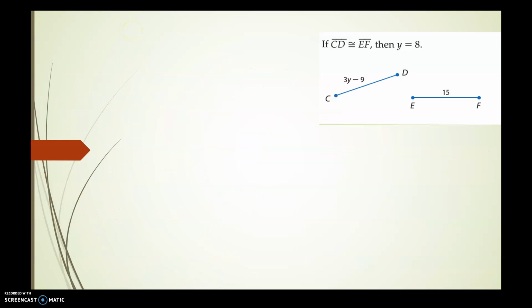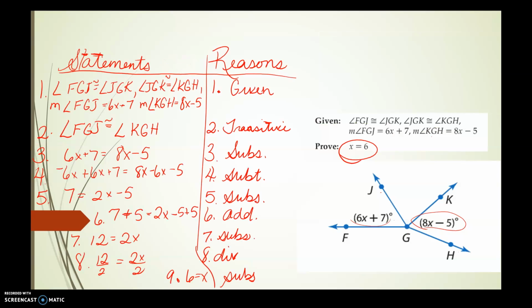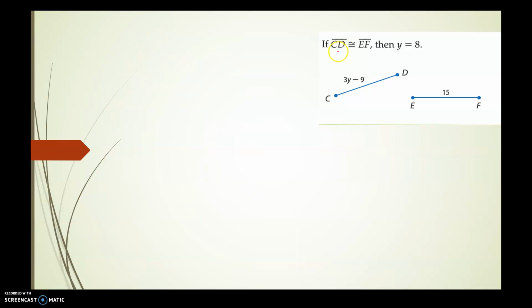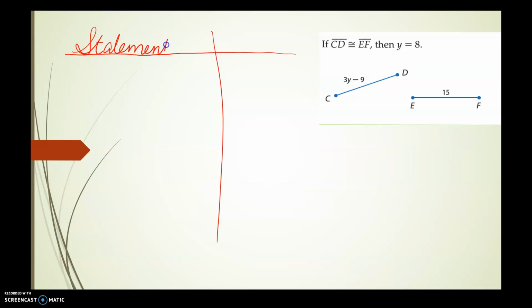All right, let's look at another one here. So I'm given CD is congruent to EF. I'm also given some things about CD and EF. So I'm going to write that out. Here's my proof.